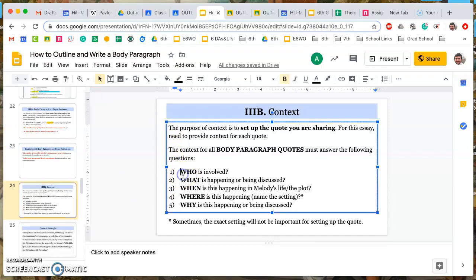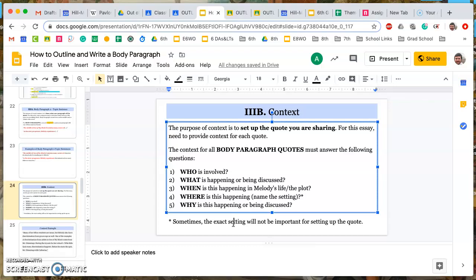You're answering who is involved, what is happening or being discussed, when is this happening in Melody's life or the plot, where is this happening, and why is this happening or being discussed. Now, again, sometimes the exact setting will not be important for setting up the quote, but remember, and this was feedback that a lot of you got, that your audience is somebody who has read the book, but it's been a long time and they need a lot of reminders on the specifics.